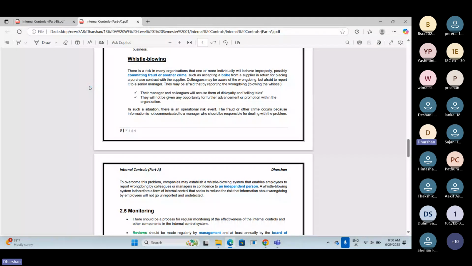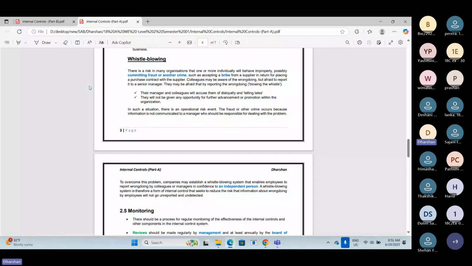Then only will employees have confidence and believe that communicating this information will not harm their future or their work environment. If they think that providing this information will cause a bad environment or disadvantage to them, then that employee will not inform the organization about the illegal activity. That will have a negative impact on the organization.